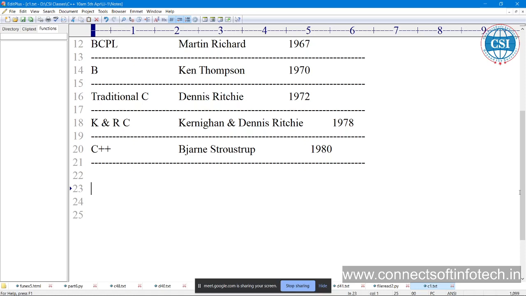You can say C++ is a superset of C, an extension of C. C++ follows both procedural as well as object oriented, both POP and OOP.